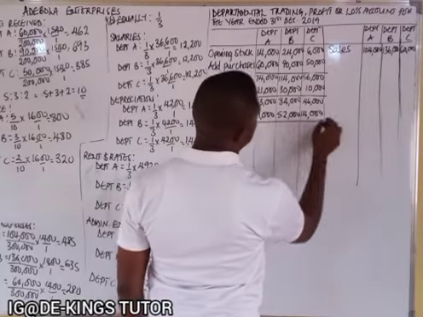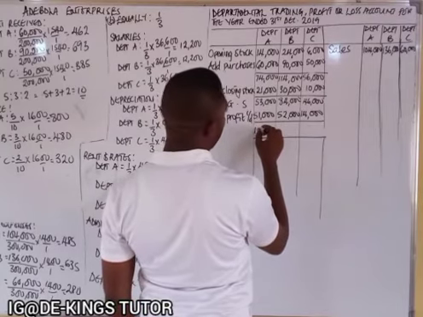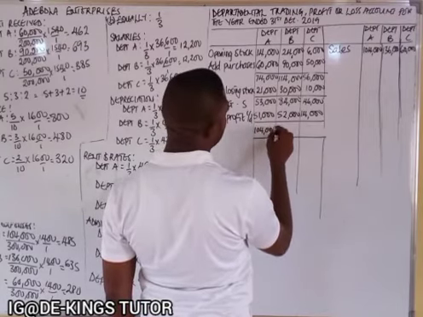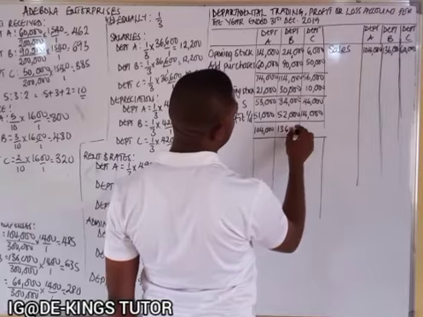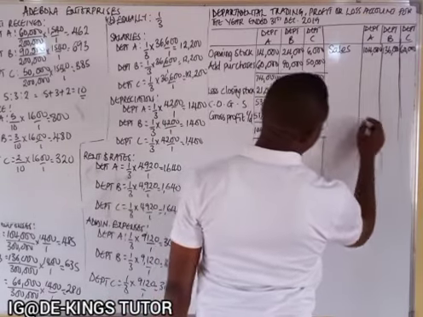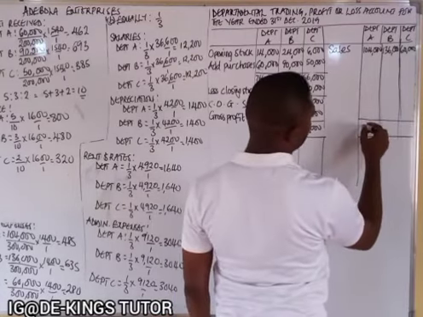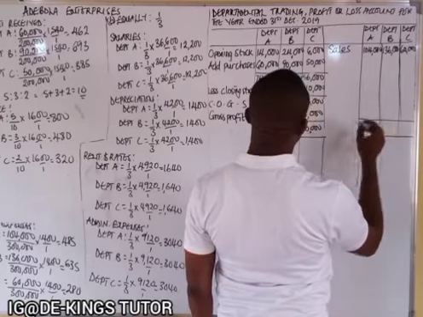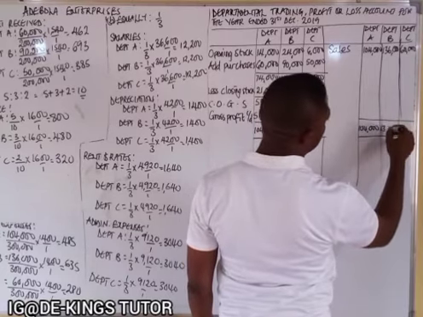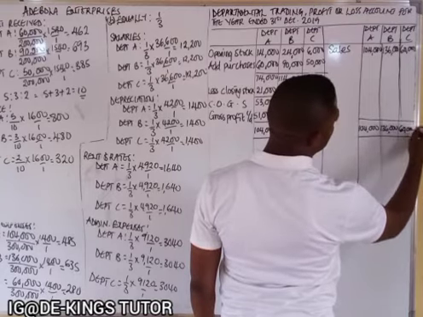So when we add them together, this will give us 104,000, then 136,000, and this will give us 60,000. The same as this. This is 104,000. Next one is 136,000. Next one is 60,000.